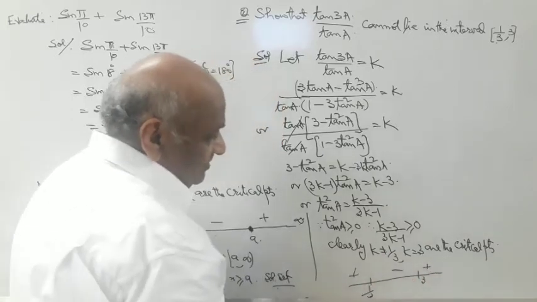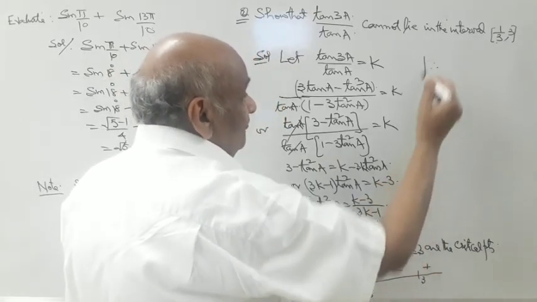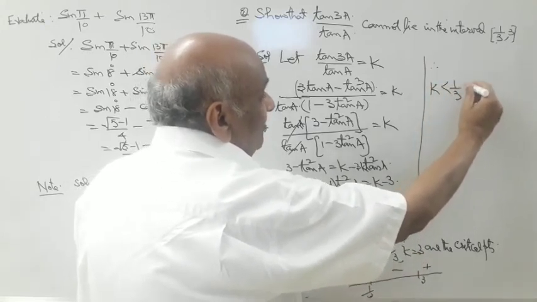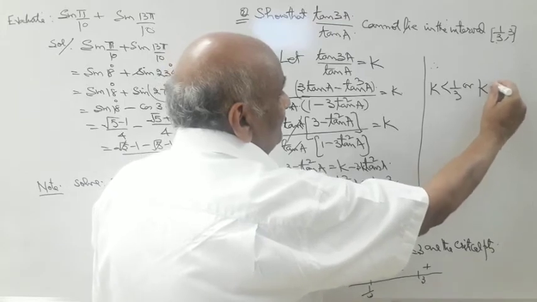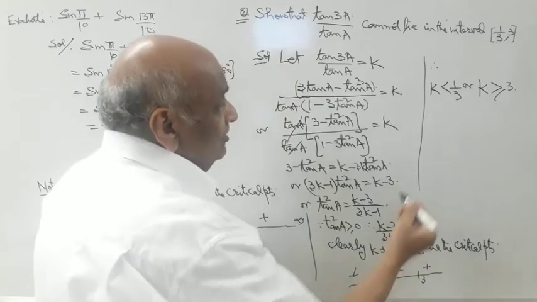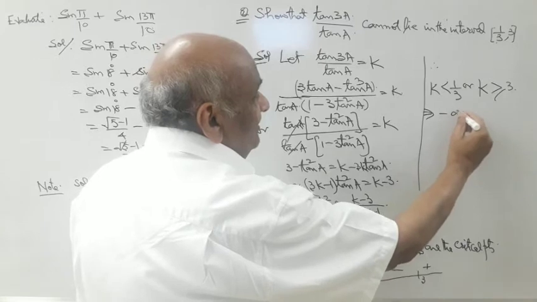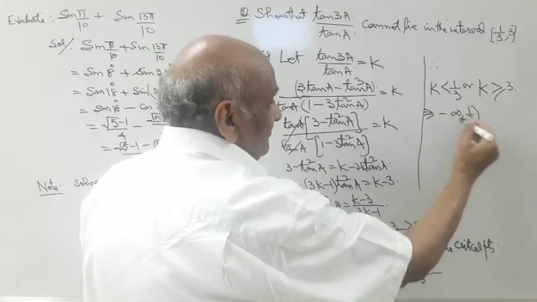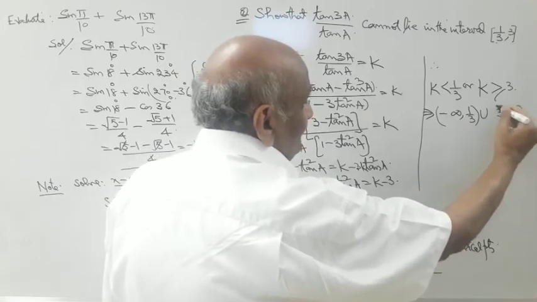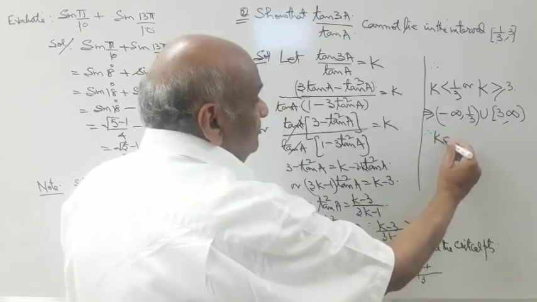Therefore, k is less than 1 by 3 or k is greater than or equal to 3. The solution naturally is minus infinity to 1 by 3 open, union 3 to infinity.